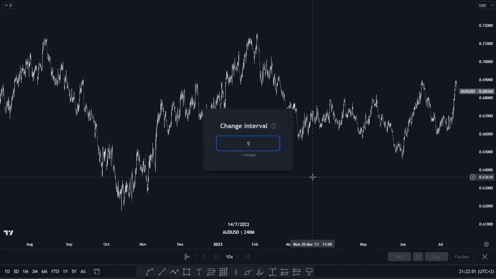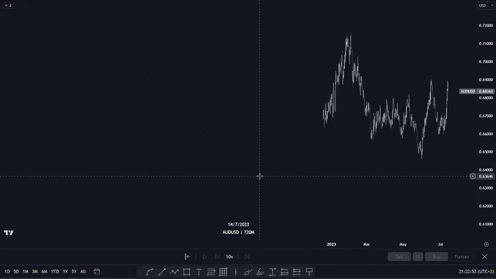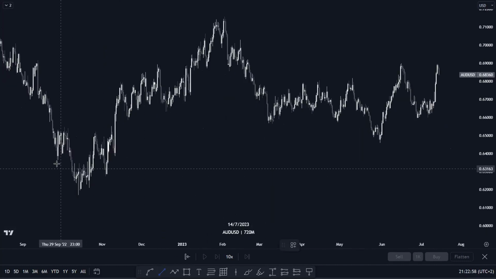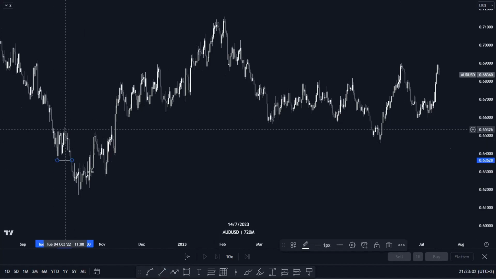On our lower time frame analysis, we can see that we have more or less the same thing. Here we have a break of structure and a change of character too.